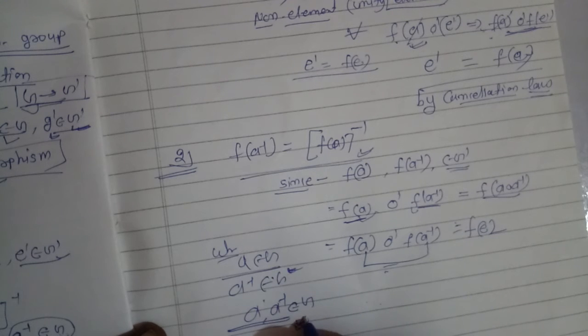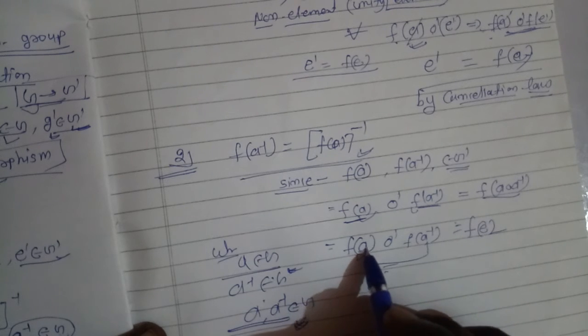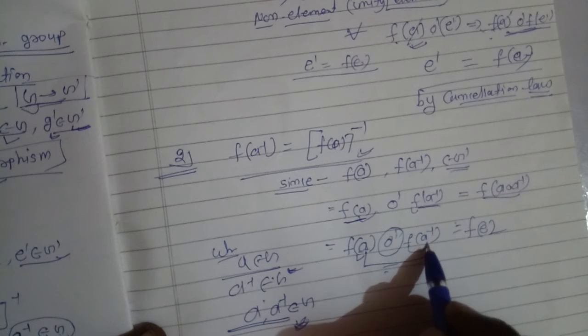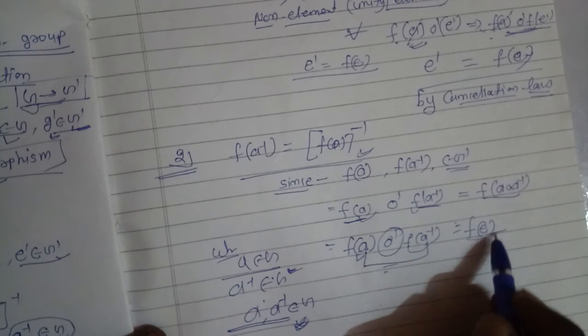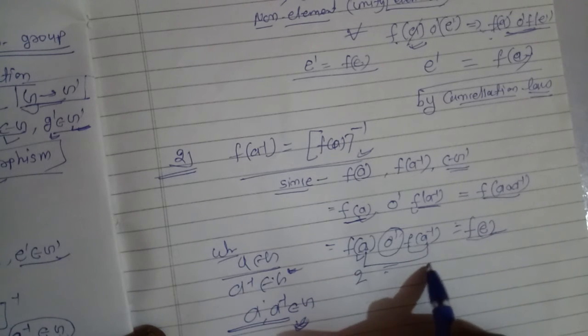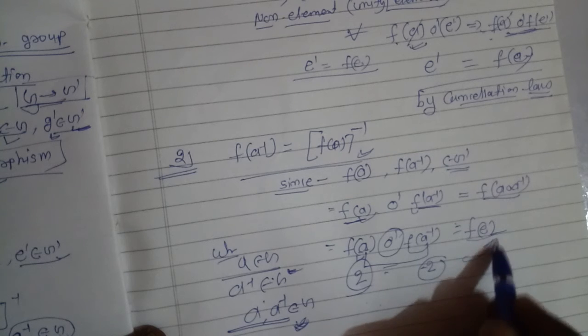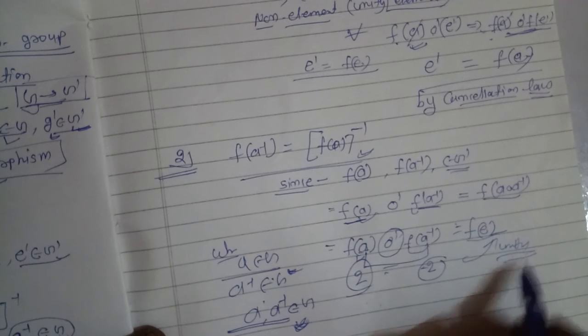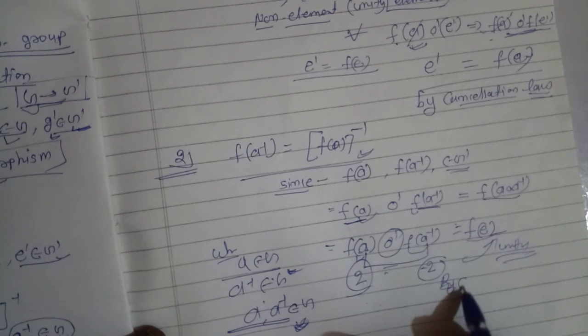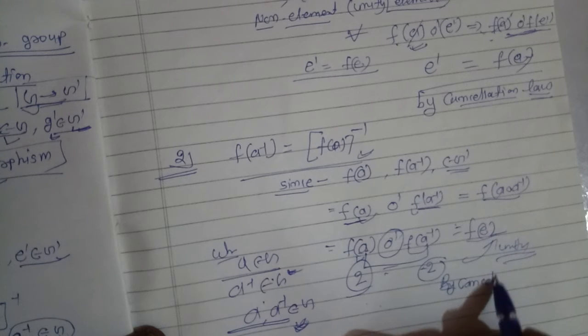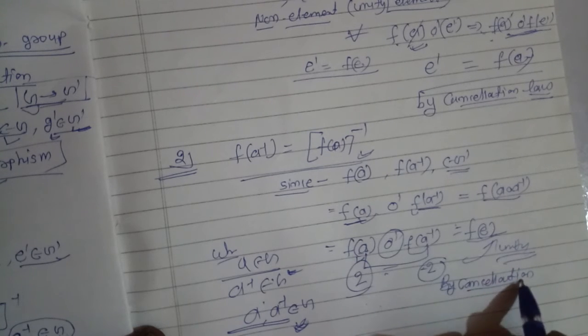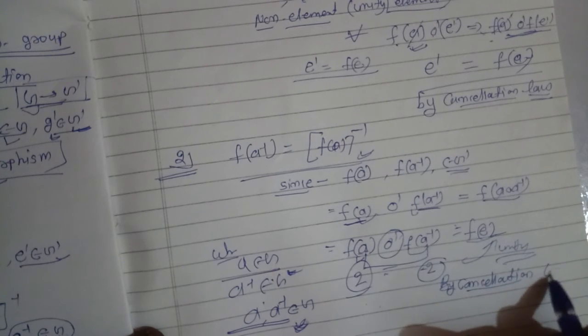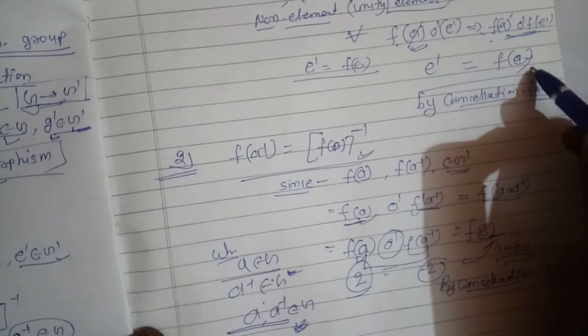This is the property. We can say that F A operation by F of A inverse is equal to E, because the 2 and minus 2. Okay, this is the unity, by cancellation law. Do you understand? By cancellation law. This is mentioned here.